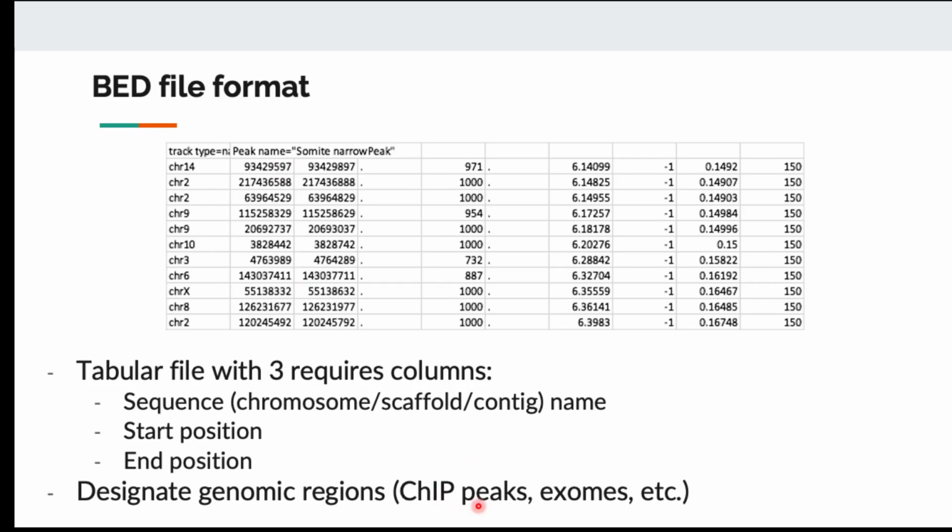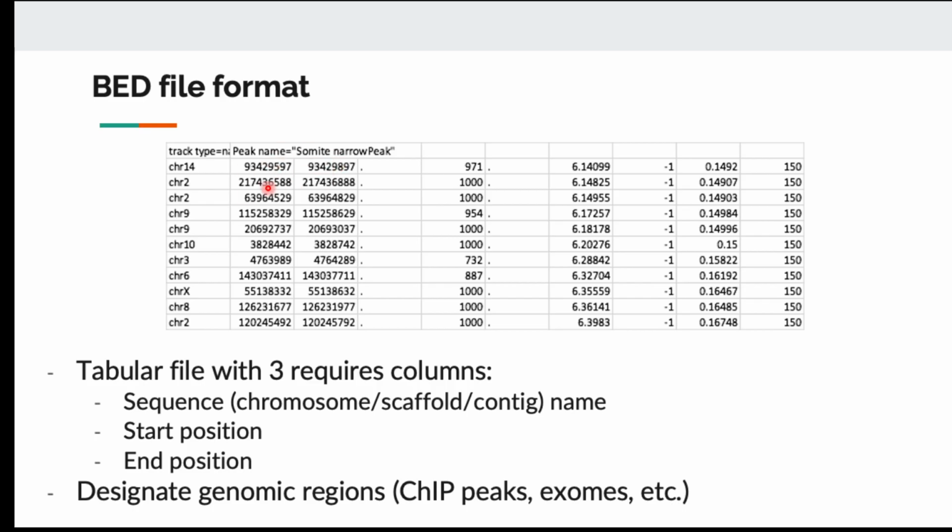So in addition to telling you about the peaks of the ChIP-seq data, if you ever do exome sequencing and you want to know which exons are included, each company will also provide you with a BED file that says, okay, in our exome sequencing panel, we sequence chromosome 14 from this position to this position as an exon.